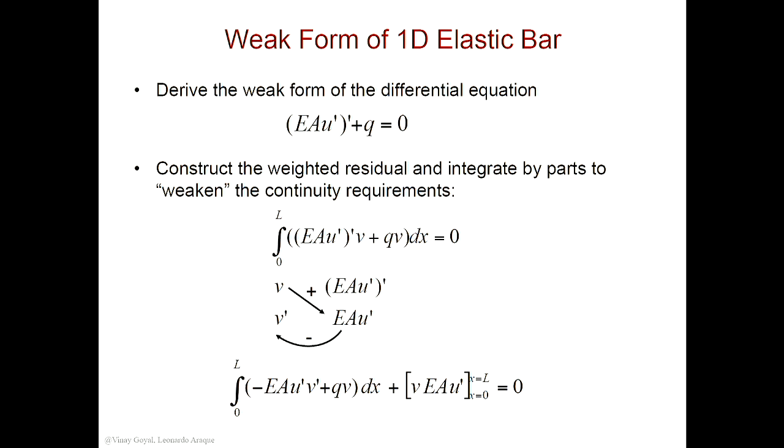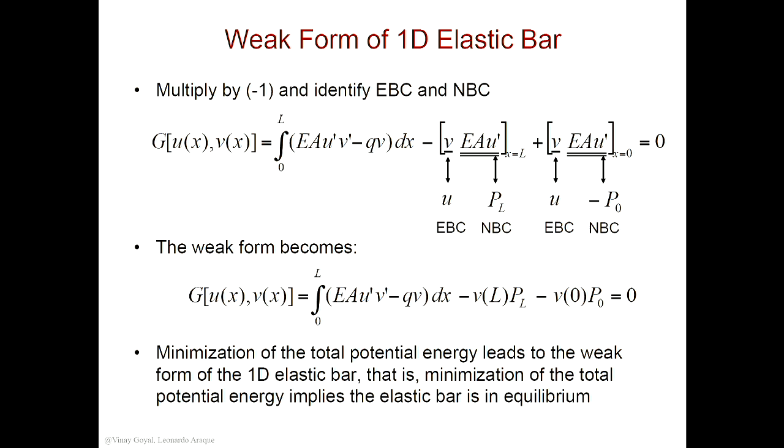Let's revisit that. That was the equation for the bar. I multiplied by the weight function v. I integrated by parts. I got this equation here. It's starting to look familiar, doesn't it? And then I said, wow, this is the weak form. This is P basically. This is P at the other end. That's the weak form.